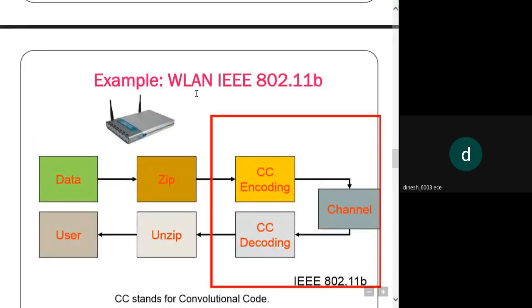So next example, someone had found out the answer correctly. Router. So a router follows this wireless LAN principle, which was given by IEEE 802.11b, which we call wireless local area networking. This IEEE stands for Institute of Electrical and Electronics Engineers.